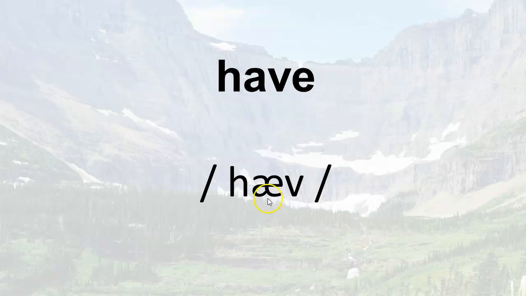Remember the sound is a, and this is h, and this is v. So have. If you remember the vowel sound a, put it all together, and now you know how to pronounce this word like a native speaker of American English. Have.